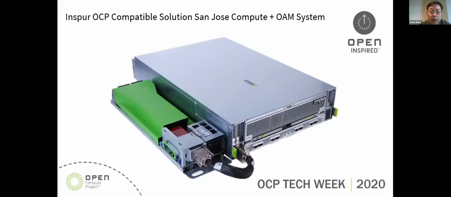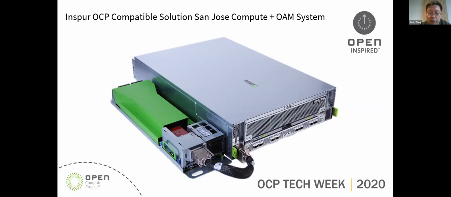In this picture, this is our minimum total solution. On the left side is our San Jose compute that we already submitted to OCP. This is our OAM system. We use a high density connector and cable solution to connect our compute node to our OAM system.